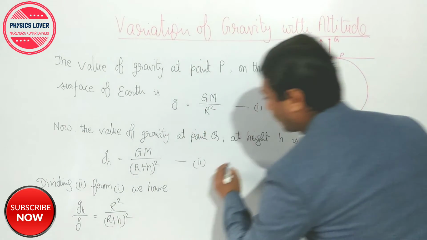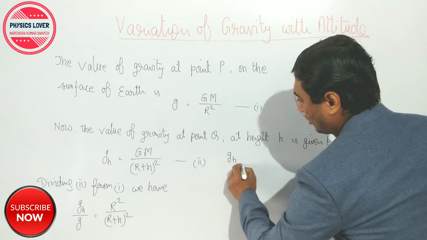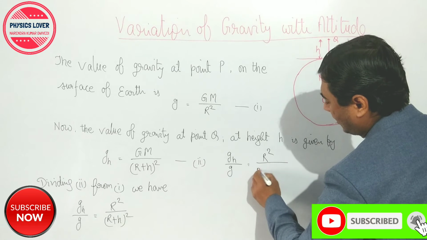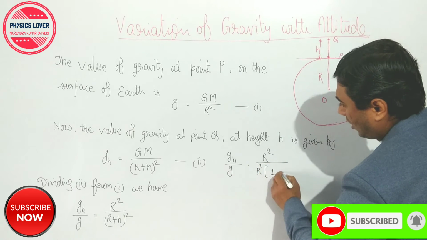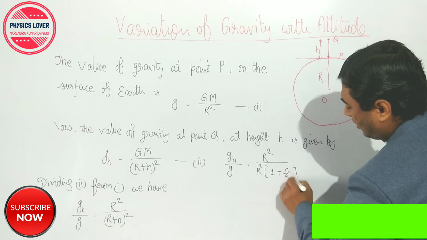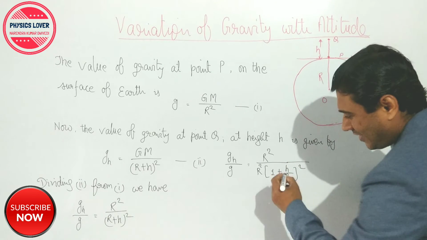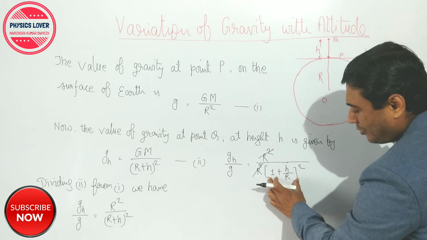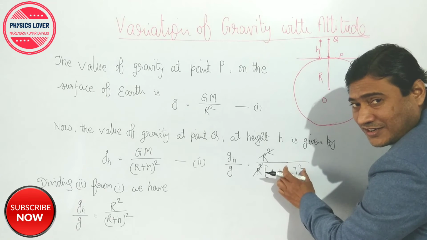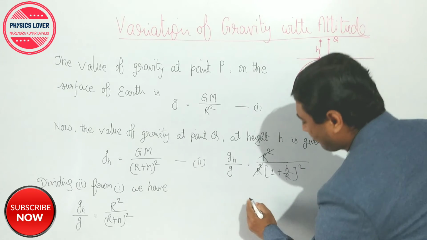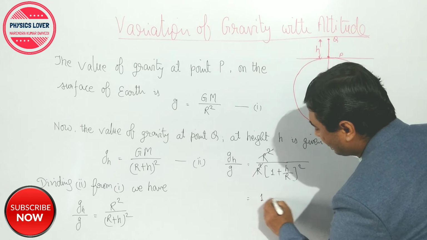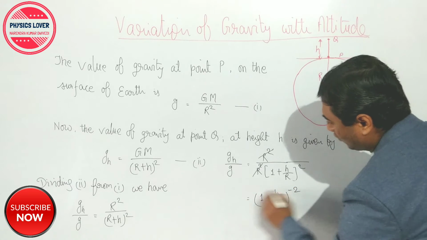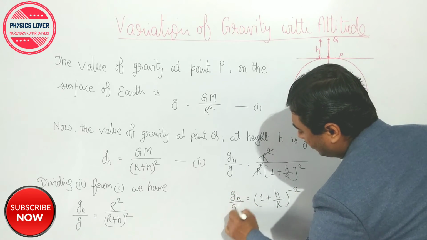Now taking this R square term common from the denominator, we have g_h upon g equals R square upon R square into 1 plus H upon R whole square. Now this R square can be cancelled with this R square. Now bringing this 1 plus H by R whole square term to the numerator, the exponent becomes negative: 1 plus H by R whole raised to minus 2. Now this is g_h upon g.